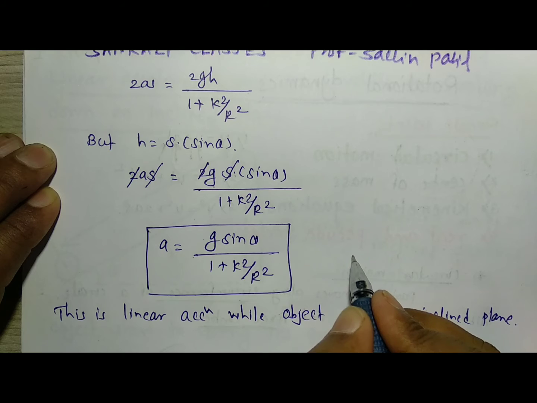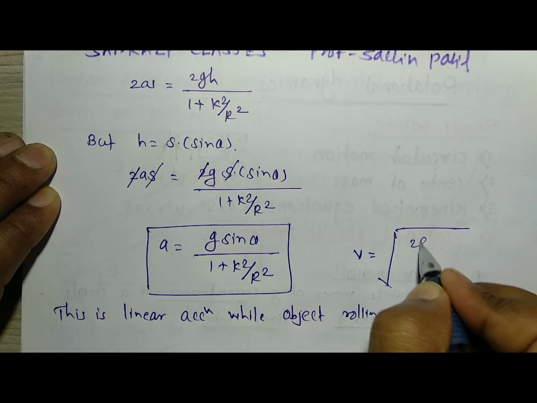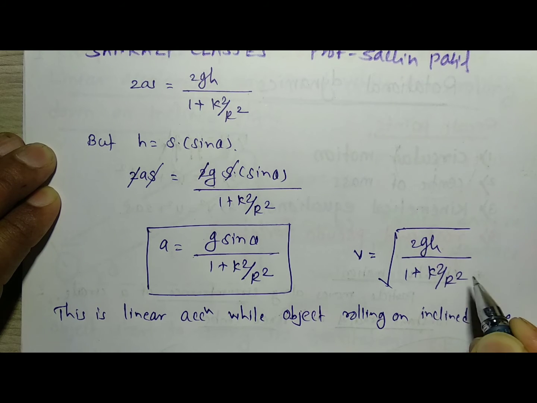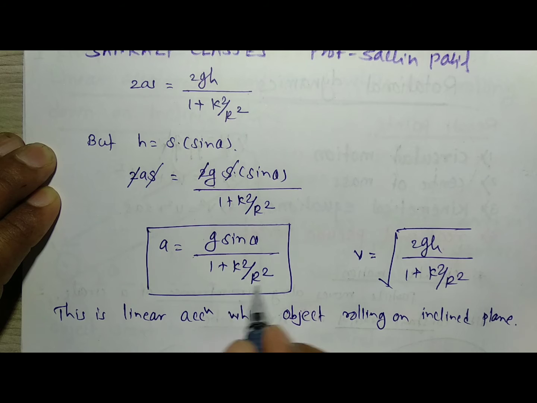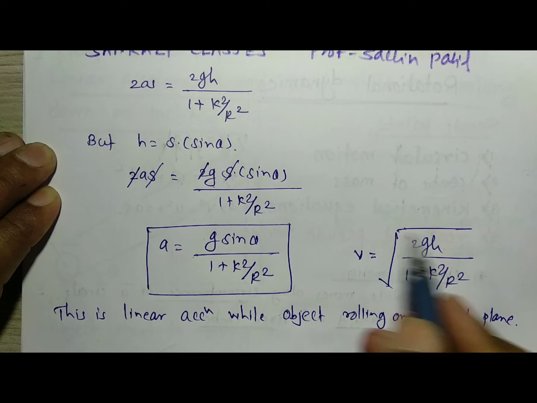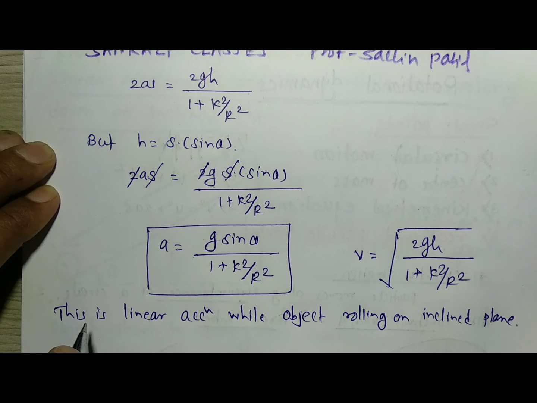I am repeating it here: v is equal to square root of 2gh divided by 1 plus k square divided by r square. It is the effective factor in both cases.